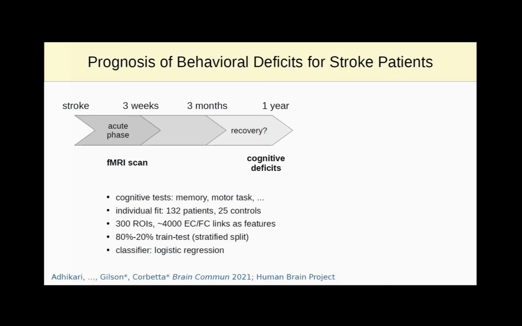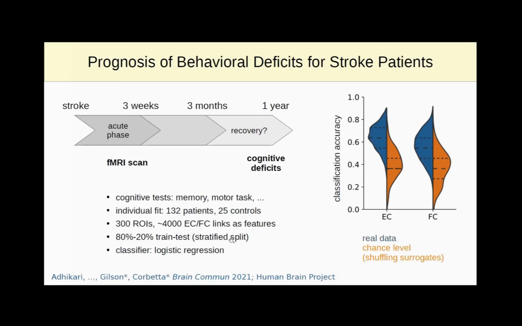So we have thousands of weights to estimate for each fMRI session, which is a lot. That gave us a rich marker to make the prediction. The prediction was made with a train test cross-validation, which is classical, but it means we really check that our prediction generalizes to new patients that we don't use for the training.